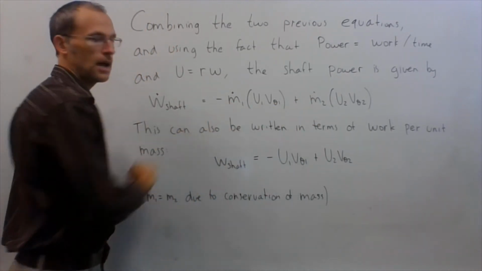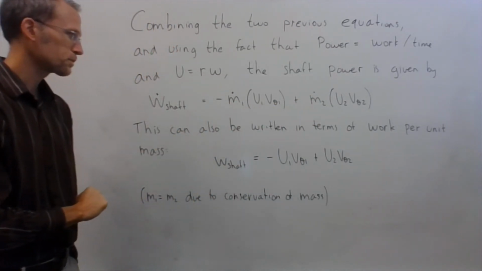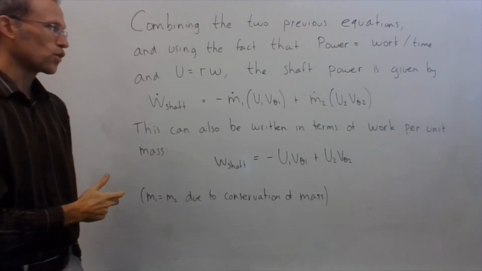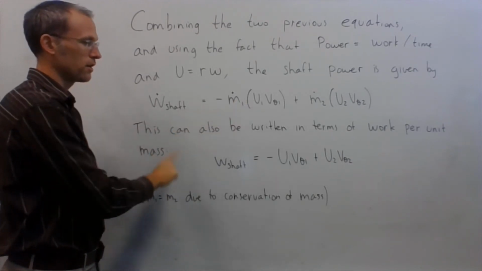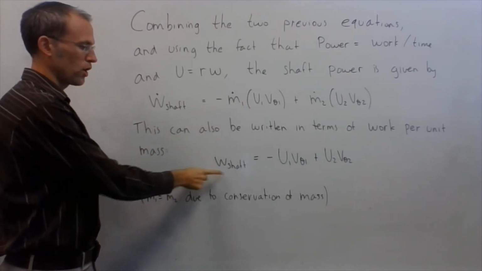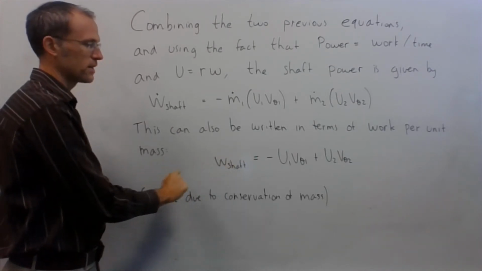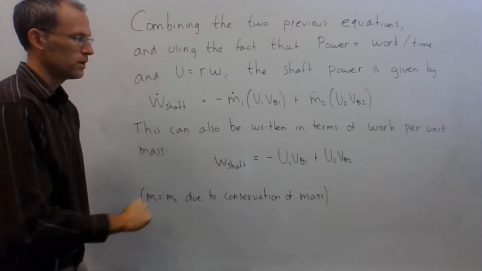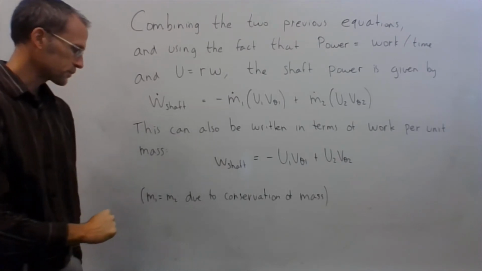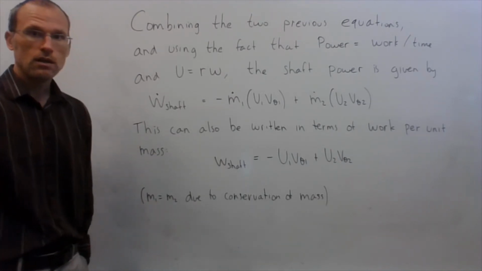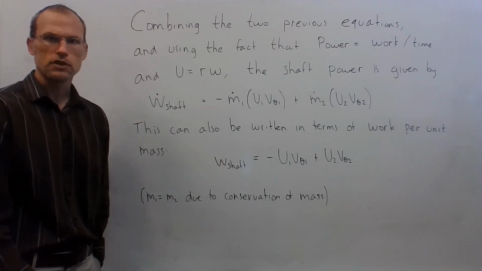Going back to the capital V notation for velocity, you can also write this in terms of work per unit mass. So divide this by the M dots, and the work on my shaft per unit mass is minus U1 V theta 1 plus U2 V theta 2. We just divide by the M dots because they're the same, by conservation of mass.